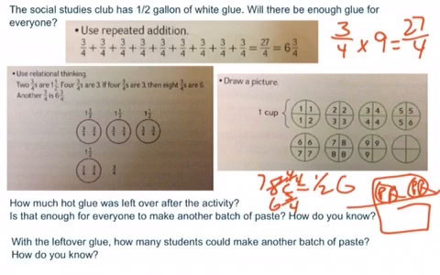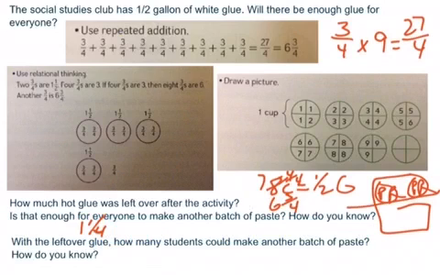Therefore, I'm going to have 1 1/4 left over. 1 1/4 is how much is left over. That's going to go actually to this question, right? And is that enough for everyone to make another batch of paste? How do you know? Well, it's really far from having enough for everyone, right? I know that 1 1/4 is less than 6 3/4, and that's how I know that I don't have enough.